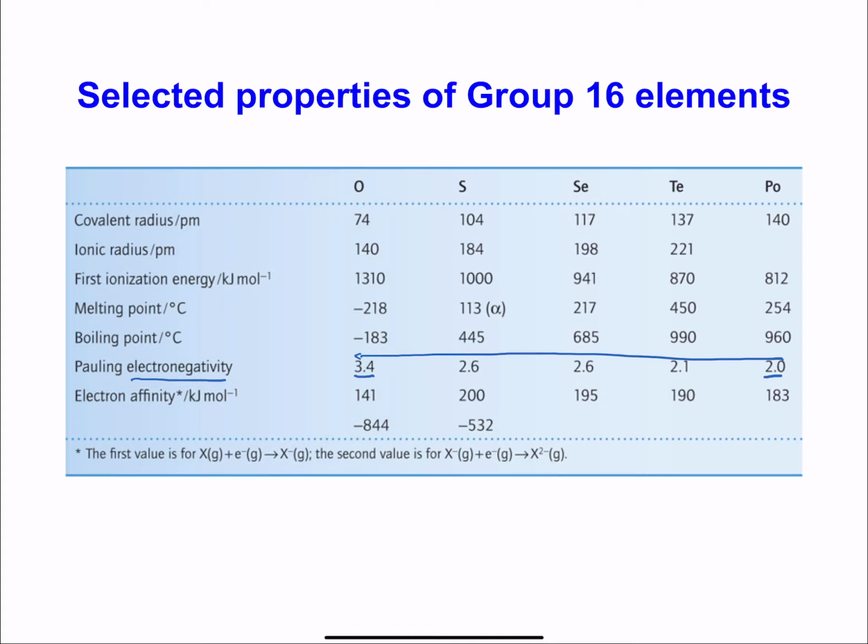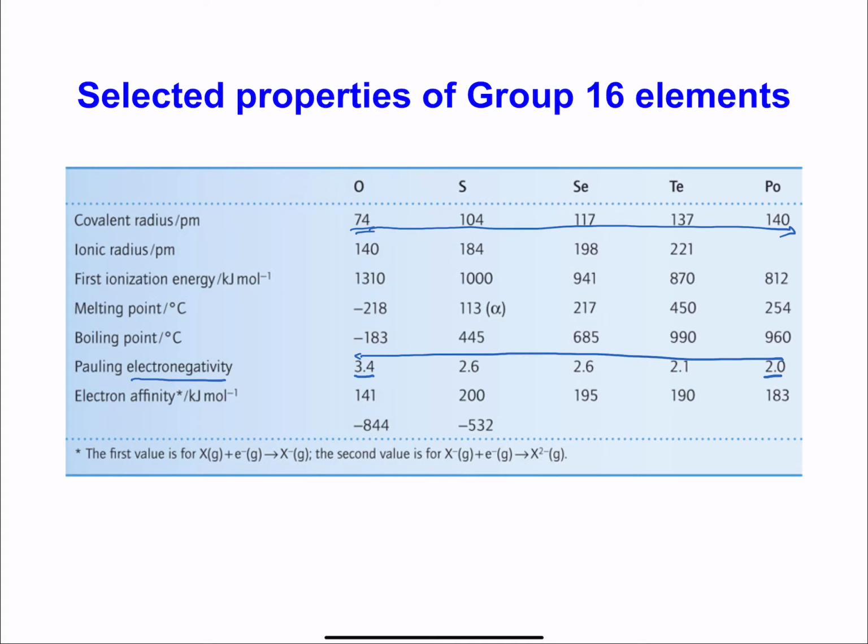If you look at the covalent radii, you can see they increase in this direction. That's because elements with higher electronegativity tend to hold electrons tighter than elements with smaller electronegativity.